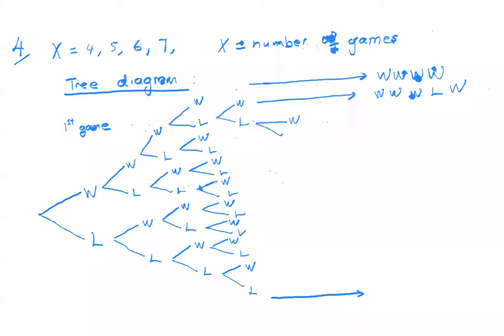Win, lose. So it will be win, win, win, lose, loss, and win. So 1, 2, 3, 4, 5, 6 games. And this one, you continue to play again.